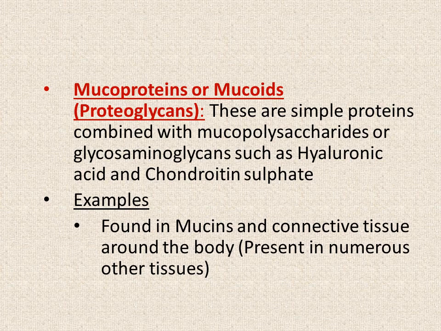So these are simple proteins which form bonds with glycosaminoglycans, which are a type of heteropolysaccharides, and in combination they form another type of conjugated proteins known as mucoproteins or mucoids or proteoglycans. And examples include the proteins which are found in mucins and connective tissues around the body.